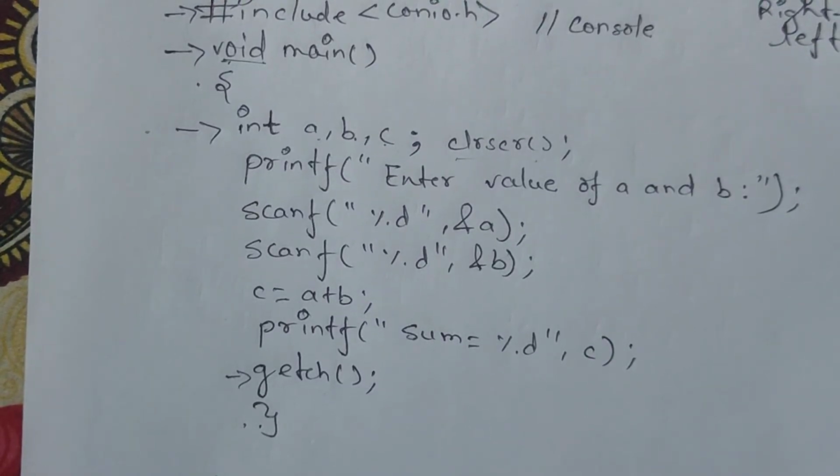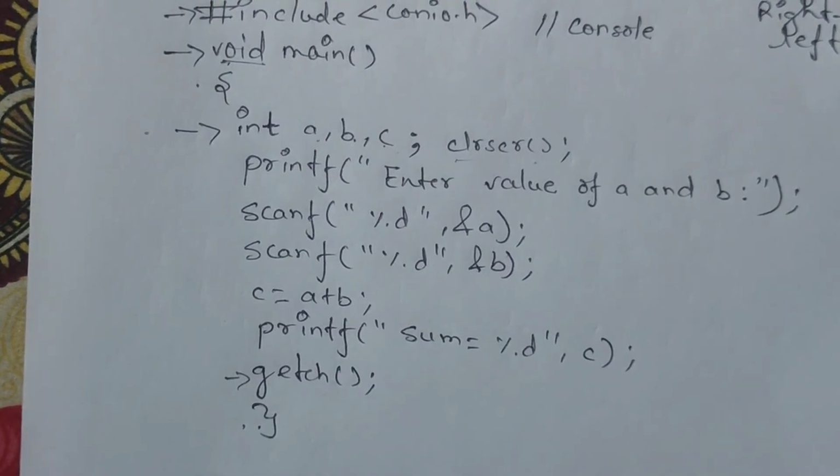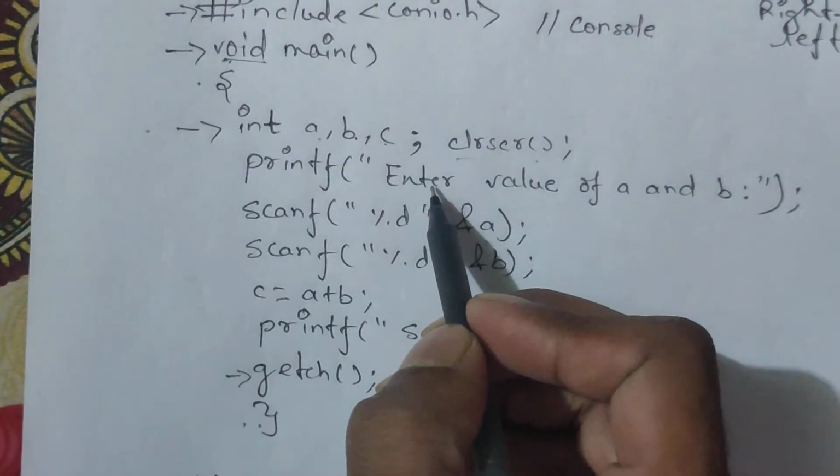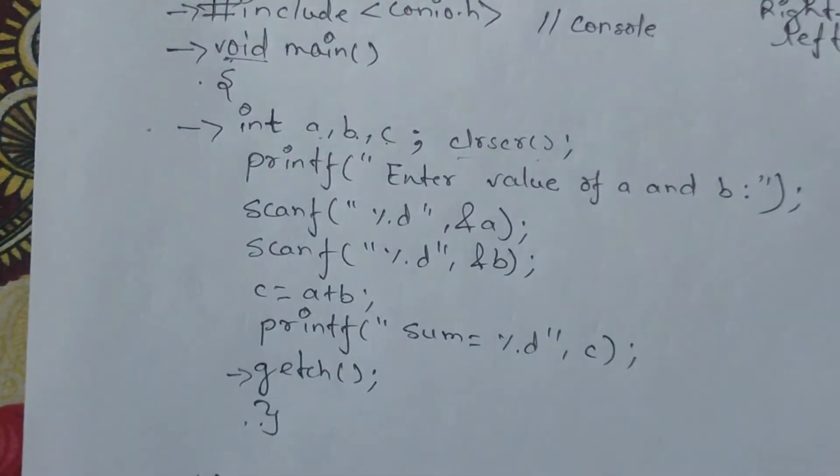Okay, so let's see printf. Enter the value, this is a string, as it is it will be printed on the output screen. So enter the value of a and b. So the user will think, oh yes, we have to enter the value of a and b. That's how we can get the values into the program.